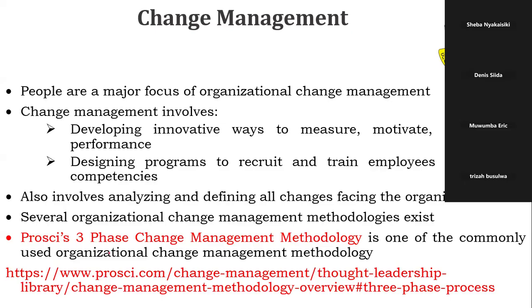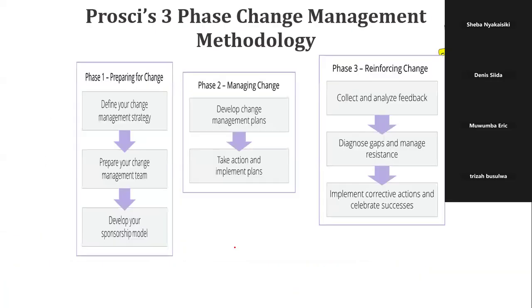So we are going to look at one of those methodologies, Prosky's three-phase change management methodology. So we start with phase one, which includes 3 steps. First, defining your change management strategy.